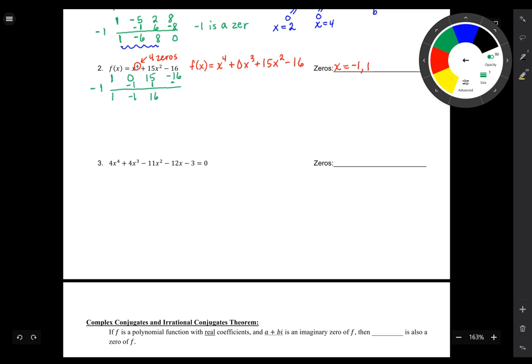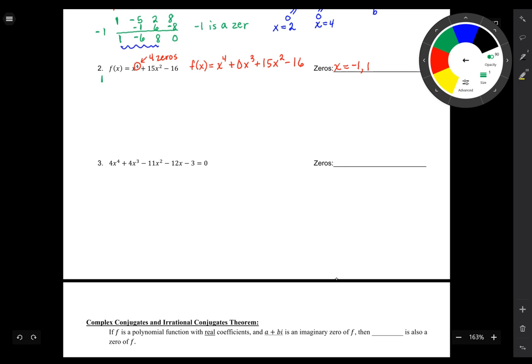I must have done something wrong. Let me just erase this. Let me start with a +1. Not that it should matter. It should not matter at all. But I'm going to try and correct this. So let me just try 1.